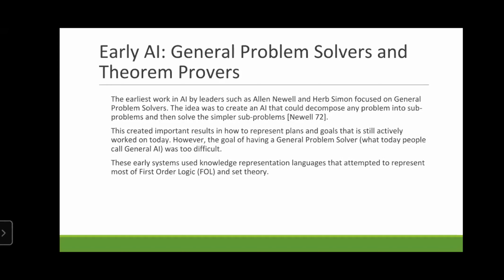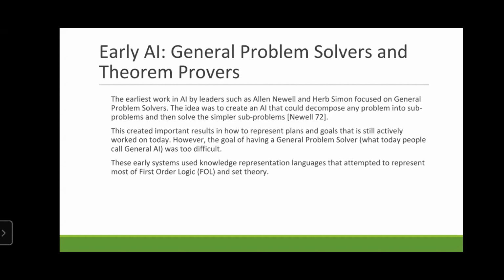So there were very important results from Newell and Simon's work, but there were also some negative results in the sense that having a general problem solver, having what today some people are calling general AI, back then was too difficult. And the other result was that the knowledge representation they were using, trying to use theorem provers that implemented significant parts of first-order logic, was very powerful, but it only worked on very small problems.